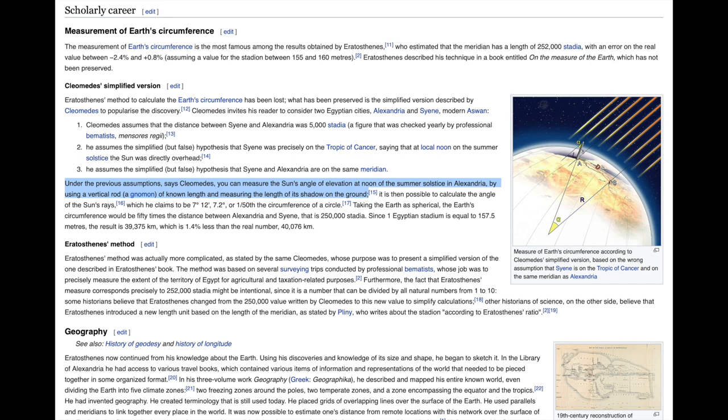And there was a place in Alexandria where they knew that during the solstice, the sun is exactly overhead at noon, just perfectly, boom, right above. And then at a different location, you can measure the angle that the shadow is cast on the ground.